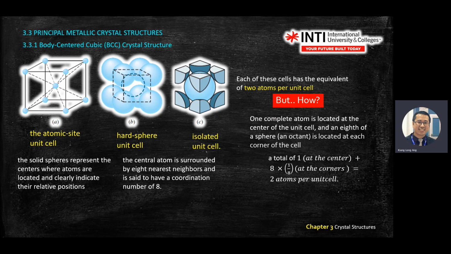I mean, at the face there's no atom, only at the center. So 1 complete at the center, and then at the corner you have 8. So 1/8 times 8. Answer is 2 atoms. Okay, this one will cost you 2 marks for calculation. This is to prove that you have 2 atoms inside the unit cell.